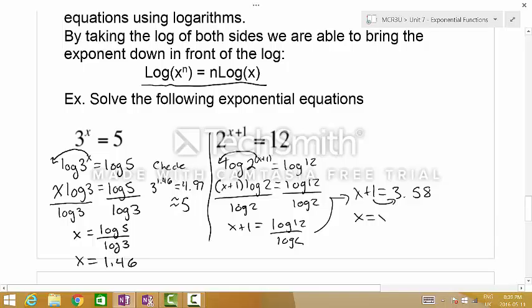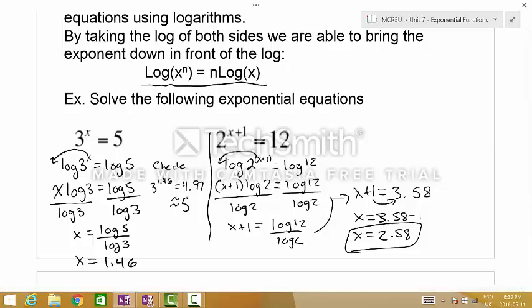We have x plus 1 equals 3.58. That positive 1 becomes a negative 1, or x equals 2.58 is our answer. So again, to recap, we took the log of both sides. Doing that let us bring that entire exponent down. We isolated what was the exponent by itself, and then we solved for x.